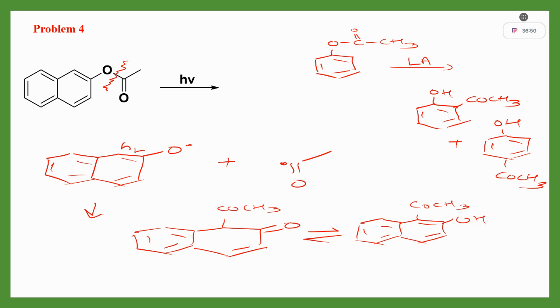You try other possibilities also and check if it can give a product like phenol. When you try, you will find out that in the case of naphthalene, this is the only product which you will get whenever you subject this naphthalene ester to photochemical condition. So this is your final answer, students.